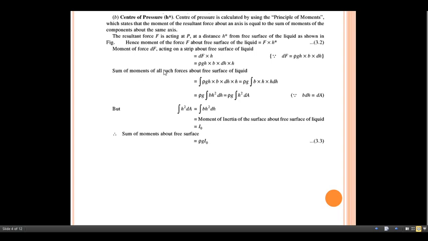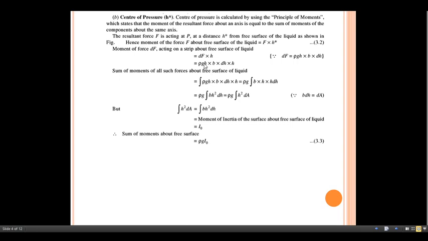The moment of all such forces about the free surface of the liquid is nothing but the sum, which means here you have to integrate this term. We have just calculated this term for the small strip. If I integrate all the small parts, then I can get the total value.